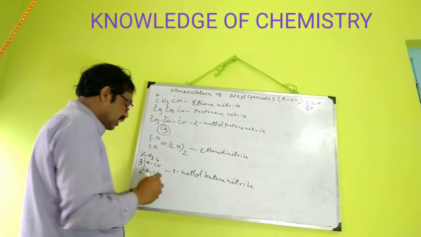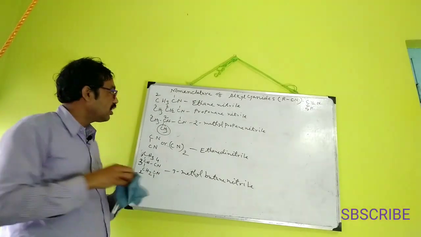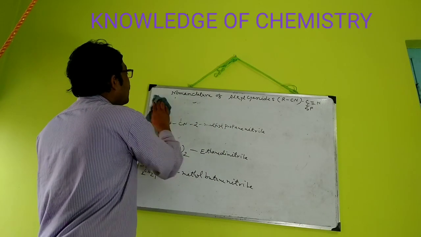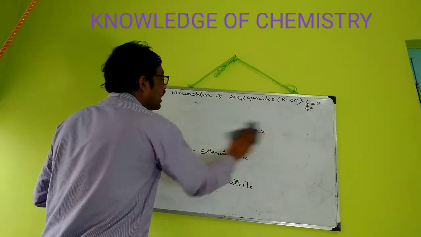If there are 3 CN groups, then it is considered as carbonitrile.